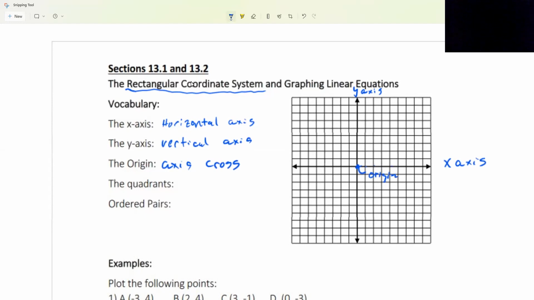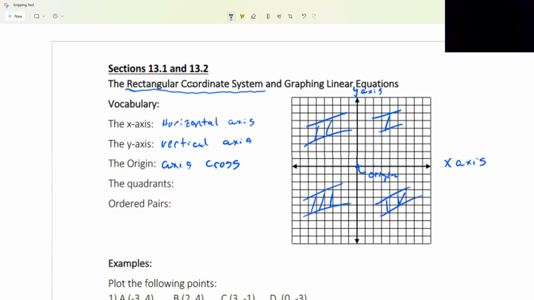Now you've got 4 quadrants. This would be quadrant 1, this is 2, this is 3, and this is 4. You have those quadrants because the plane is split up by those axes.